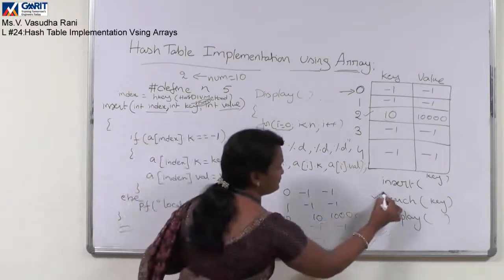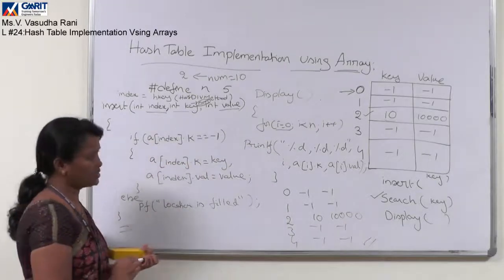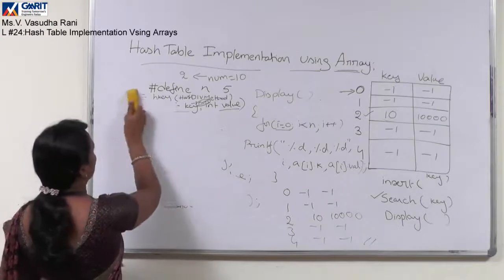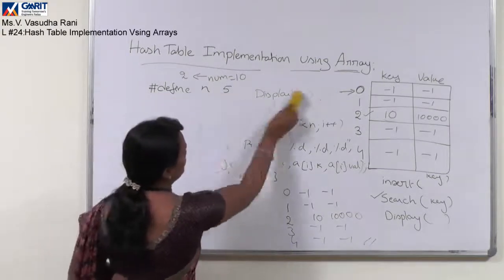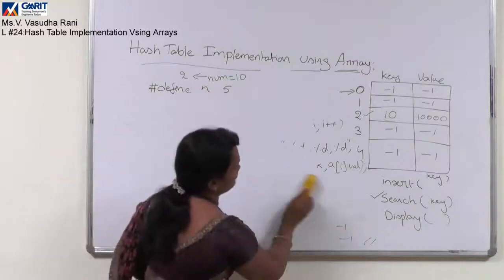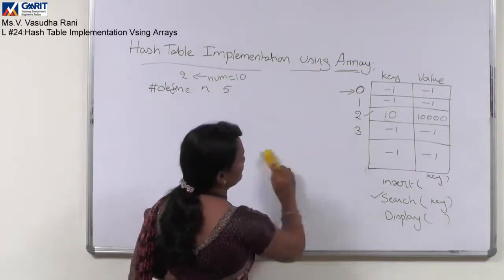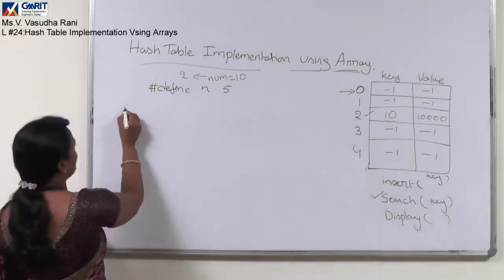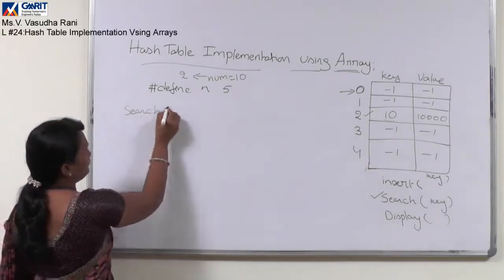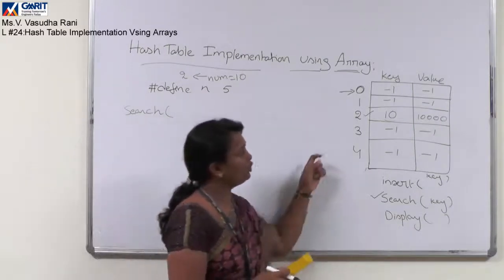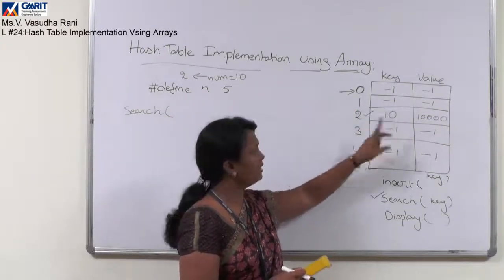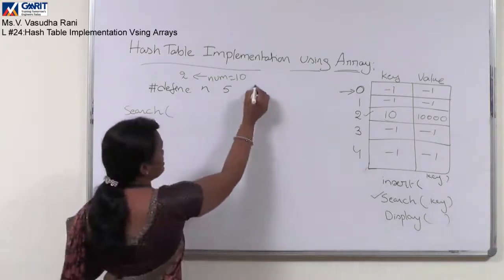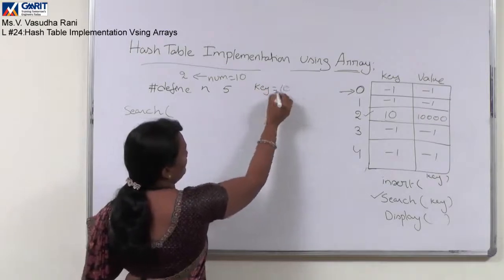Now let us see the third module, the search module. Search means we want to find whether a particular key is there in the hash table or not. Let us take the same key 10.